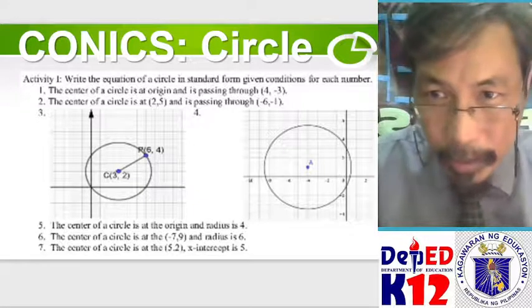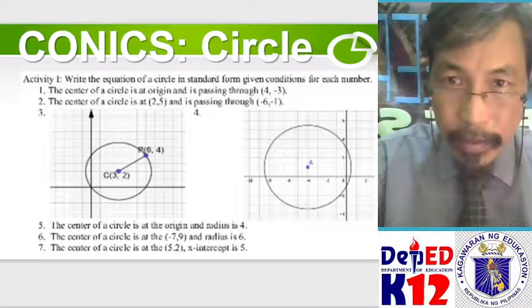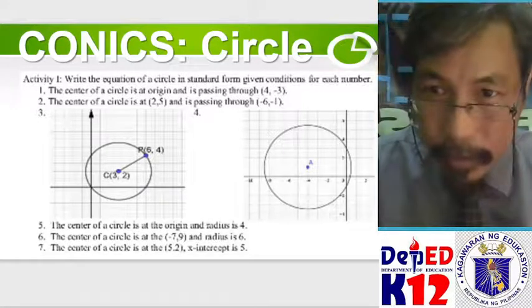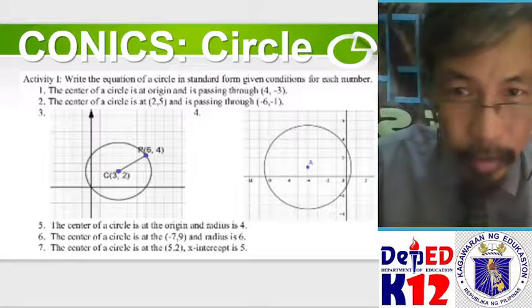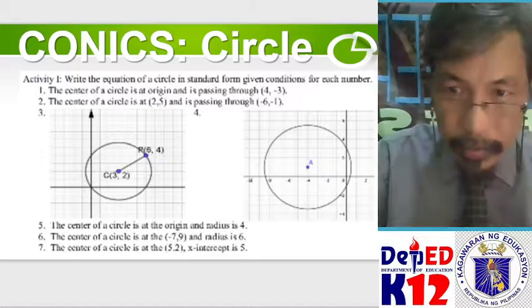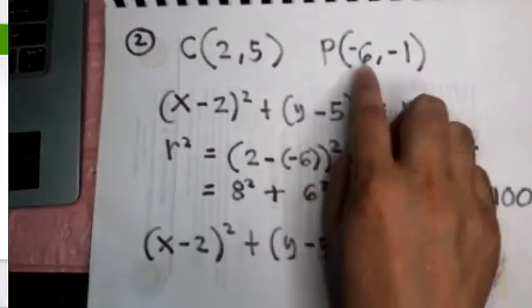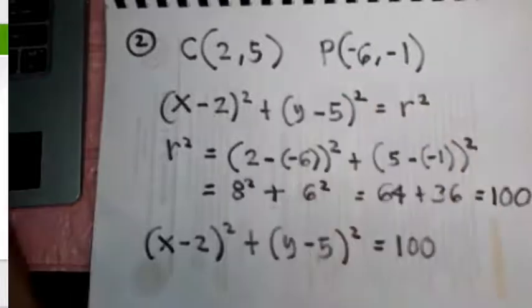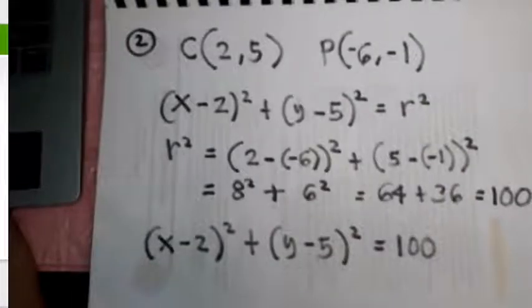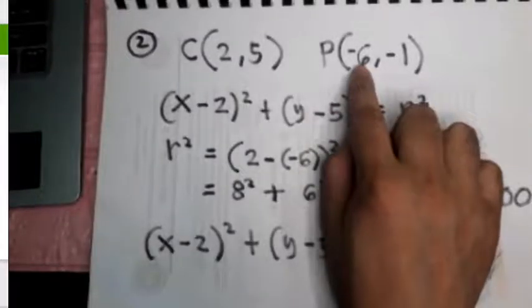The point P is located at (-6, -1), as you can see on number 2. So we have 2 given information, center and point P. So, we can solve.